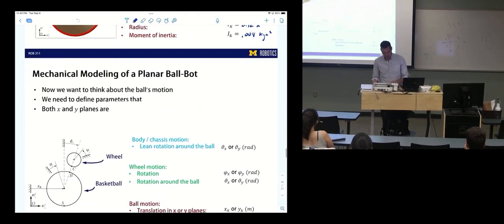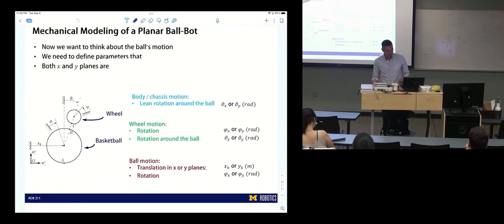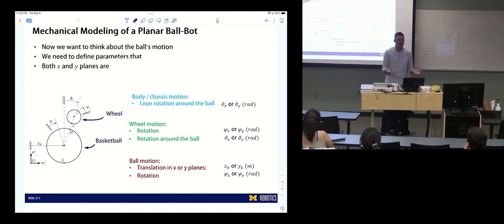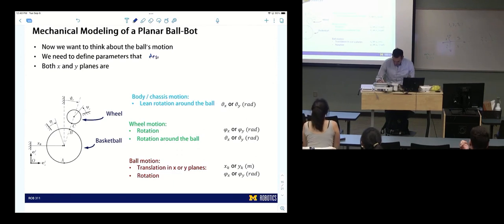Okay, so we're beginning to have our system defined. Now we need to talk about its motion and how to describe its motion. We need to define parameters that describe the motion.